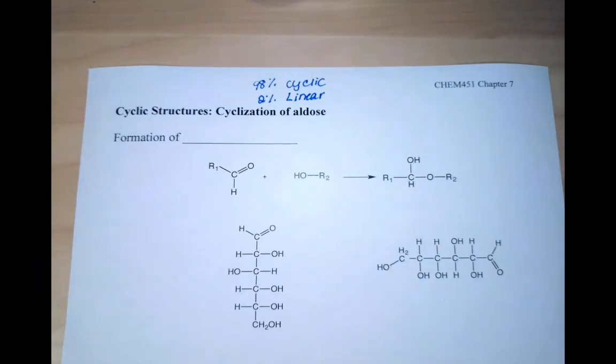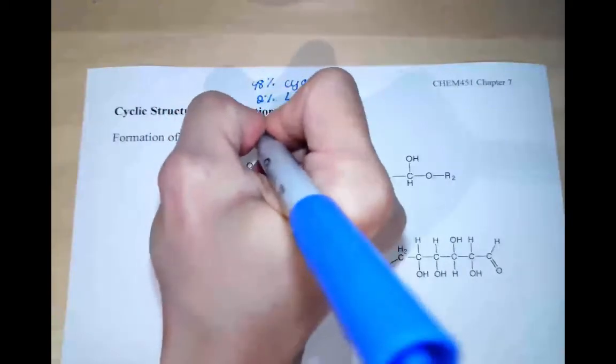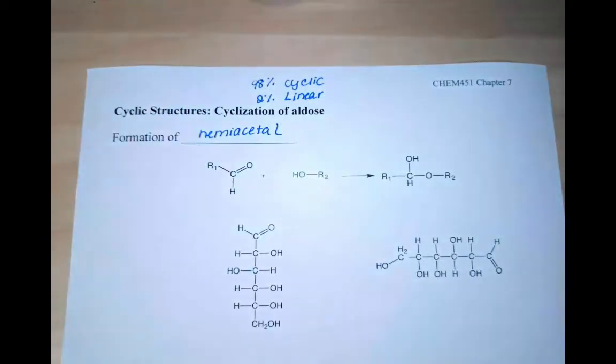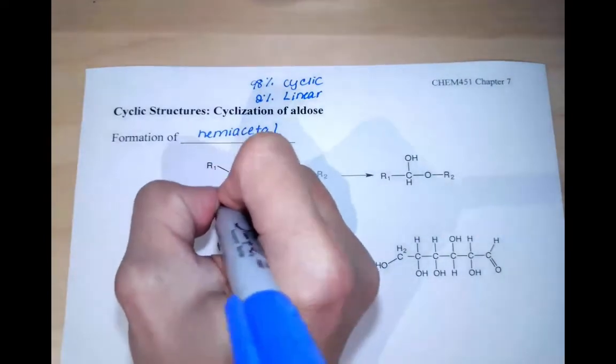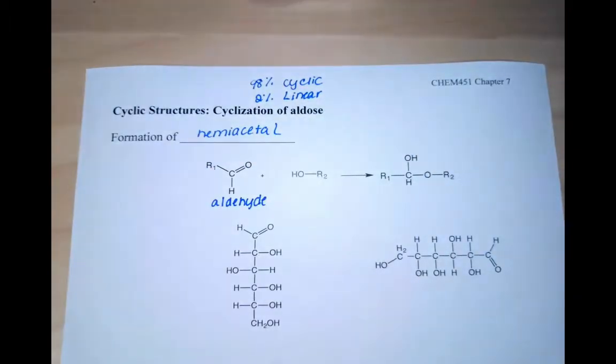So first, let's talk about how aldoses, that is sugars that are aldehyde containing, form a cyclic structure. When aldoses form a cyclic structure, they form what's called a hemiacetal. And just to review for you guys, a hemiacetal is made when we combine an aldehyde group with an alcohol.